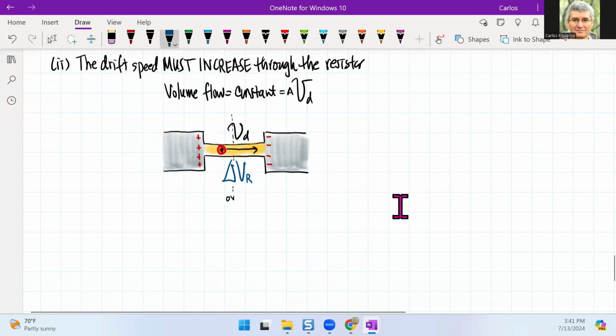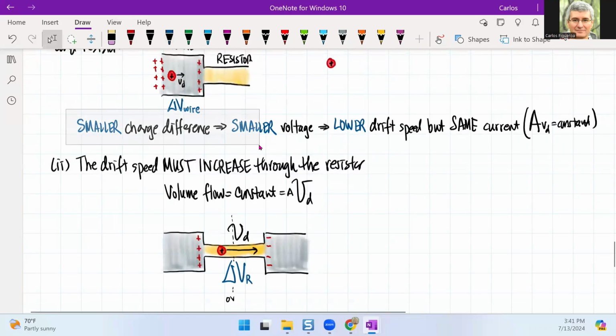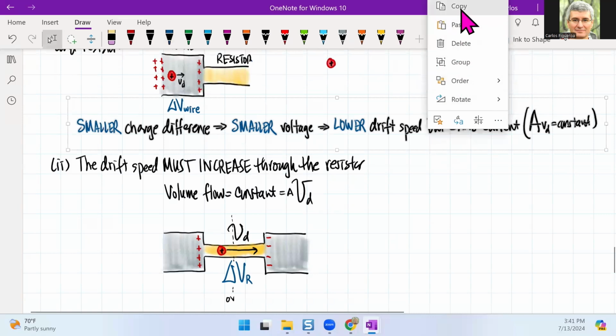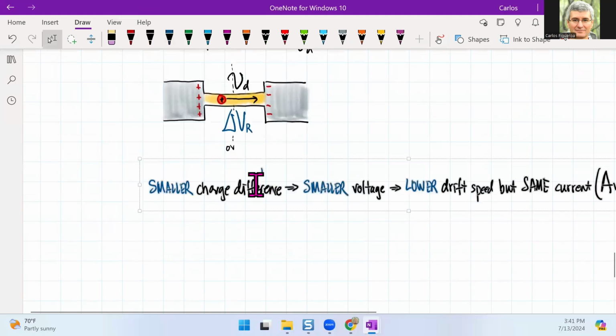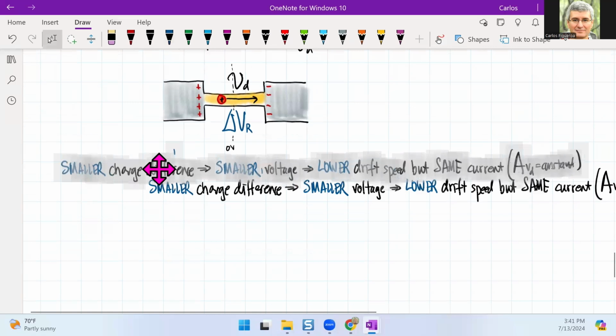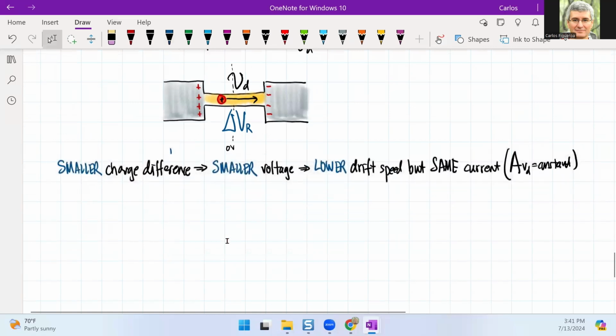So now I start the process. You know what? I should just get this right here. This is the same thing. So if I copy this, I could now just place this guy right here, and then I'll just modify it. So what does that mean? It's not smaller.